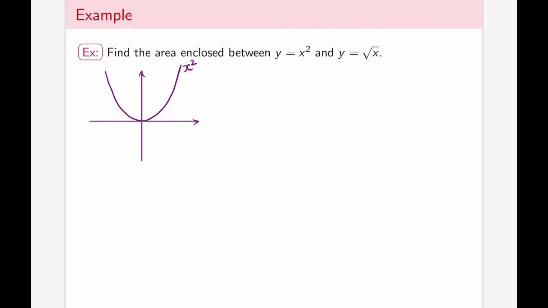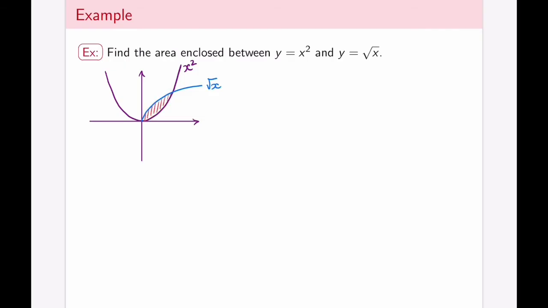So this is going to be a sideways parabola, but it's only going to be for values of x that are bigger than 0. So I can immediately see why I can calculate the area enclosed. This other graph doesn't continue off in this manner, therefore producing some unbounded area. I can see that the only enclosed area of this leaf shape, this is the area I am going to be after.